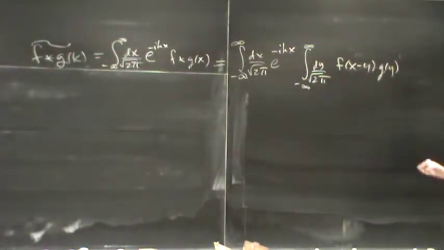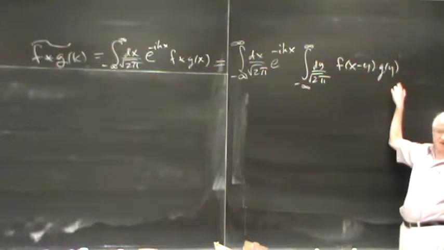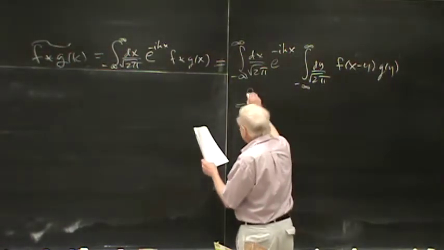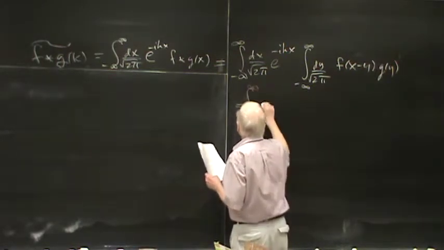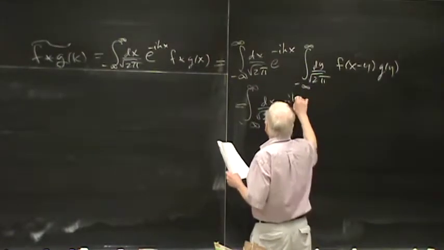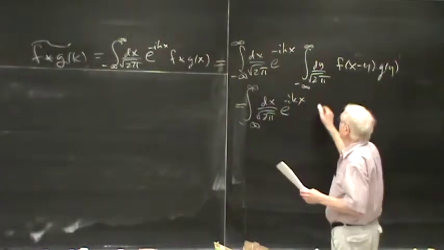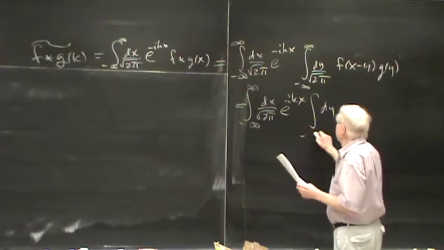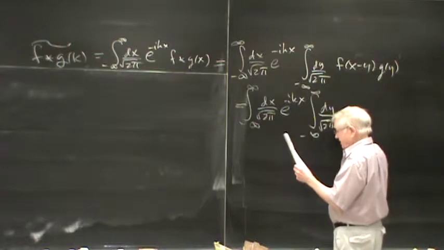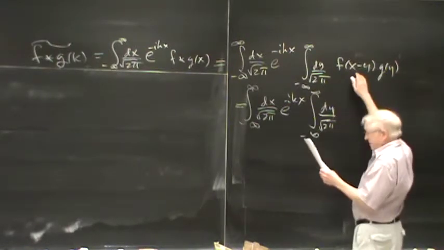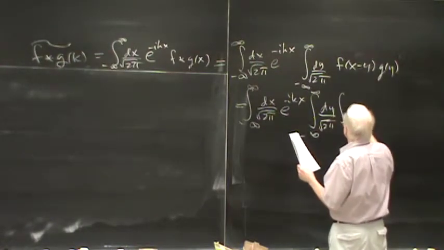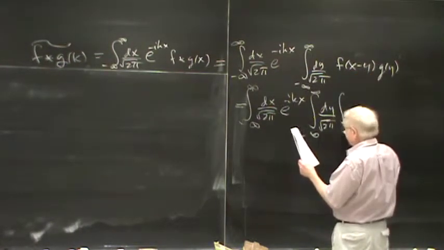And now we're going to rewrite f and g in terms of their Fourier transforms. And that gives us integral minus infinity to plus infinity dx over root 2π e to the minus I kx, integral dy minus infinity to plus infinity over root 2π. And we're going to write f of x minus y as its Fourier transform.